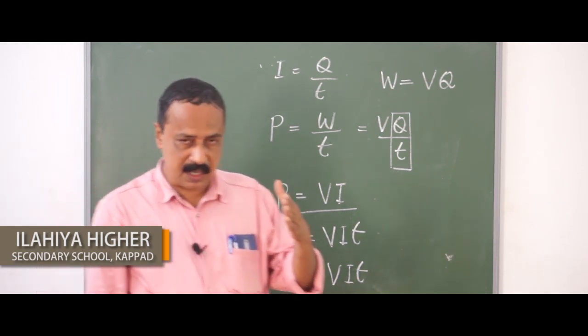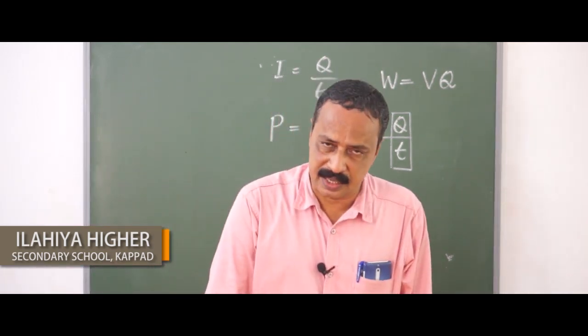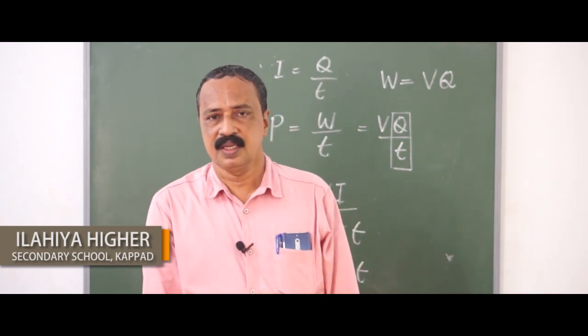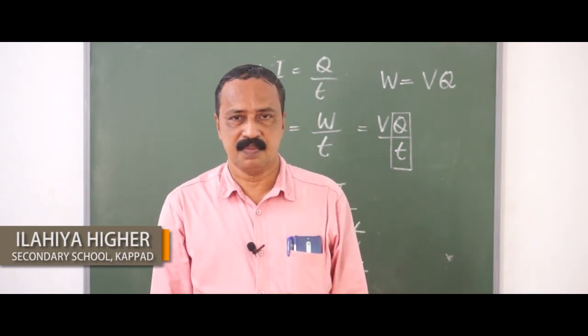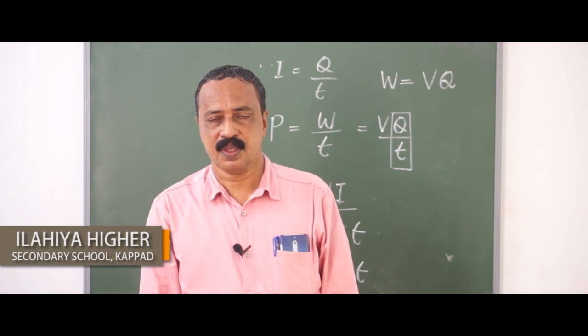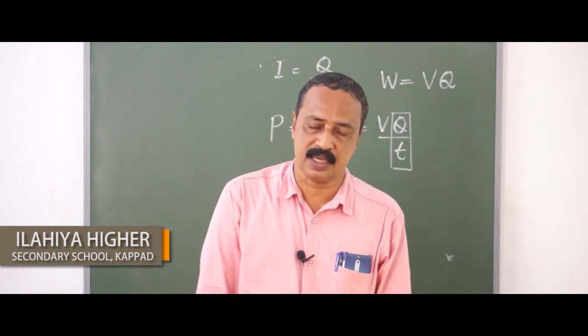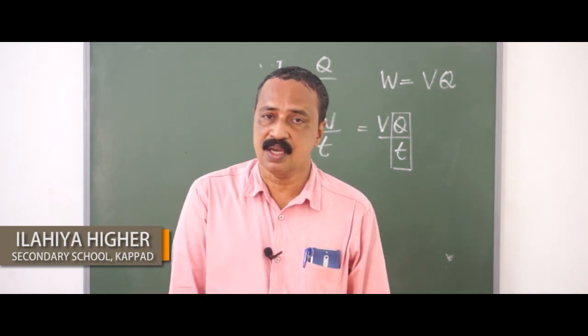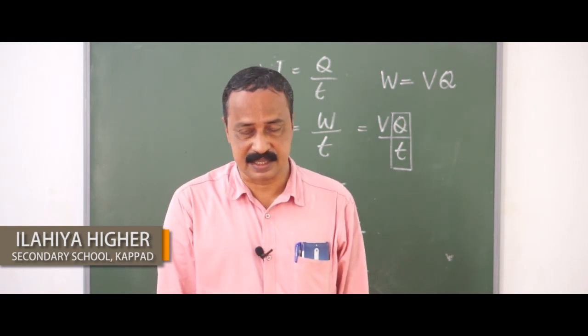When current is passed through a conducting wire, heat is developed. This process is known as Joule's heating or ohmic heating.